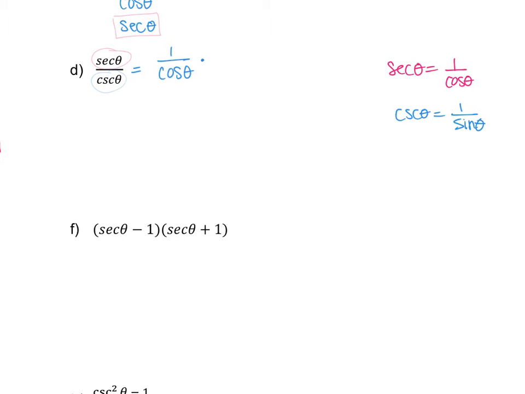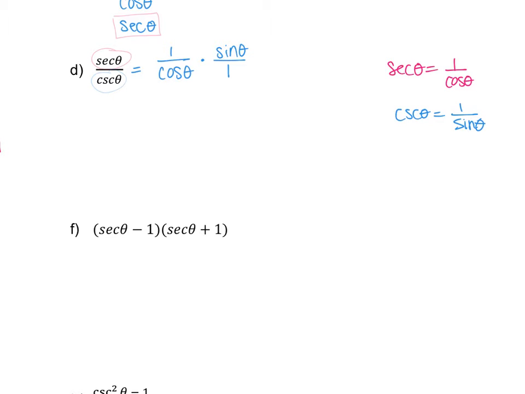So I'm going to write a multiplication sign, and I'm going to go ahead and flip this fraction. So that's going to be sine over 1. So let me just replay that again. Essentially what I did was I took secant, which is 1 over cosine, and because I'm dividing it by cosecant, which is 1 over sine, I went ahead and just flipped this and multiplied it to the top.